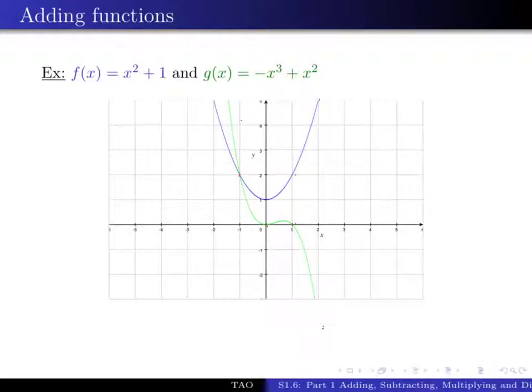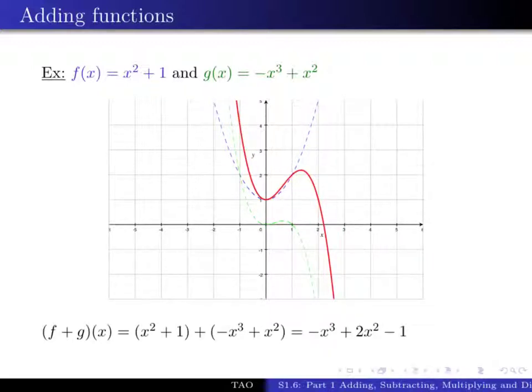So we'll get some nice function that's kind of going to look something like that, maybe. I'm not entirely sure what it's doing here because I don't know what my values are. But if we plug them together, x squared plus 1 plus this negative x cubed plus x squared, remember we're adding polynomials now, so we add them piece to piece.